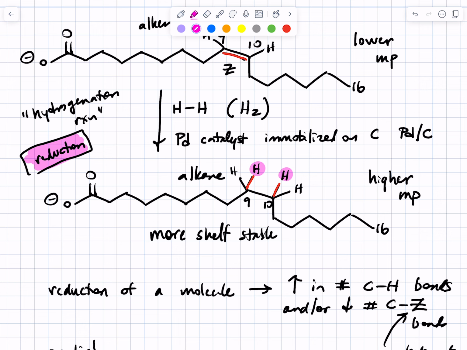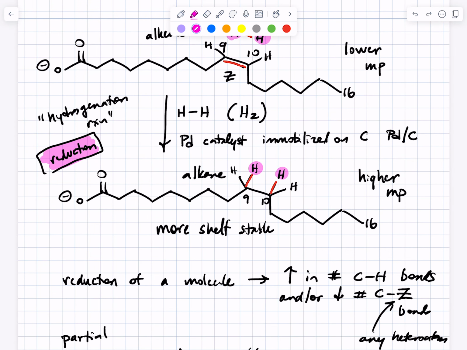This is a little bit different from how you may have defined reduction in general chemistry. In general chemistry, reduction means adding electrons to things. That's still true in organic chemistry, but the way that manifests itself is through an increase in the number of carbon-hydrogen bonds or a decrease in the number of bonds between carbon and an electronegative heteroatom.